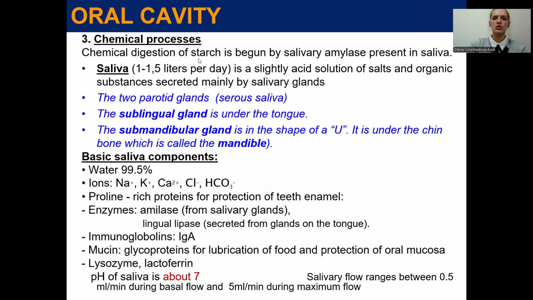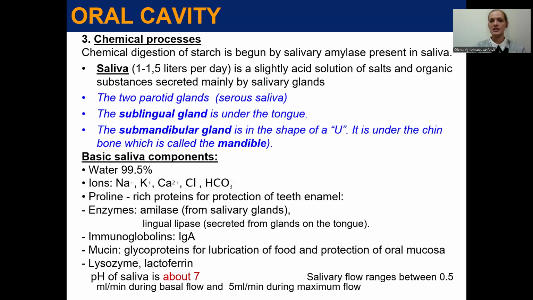A little bit of talk about the oral cavity and what is going on there with saliva. Chemical process. Because saliva is present, we have chemical digestion. Chemical digestion happens for starch, or carbohydrates, in the oral cavity, because there we have enzymes called amylase.